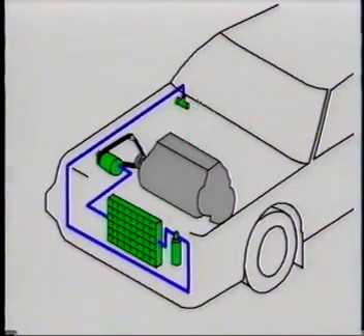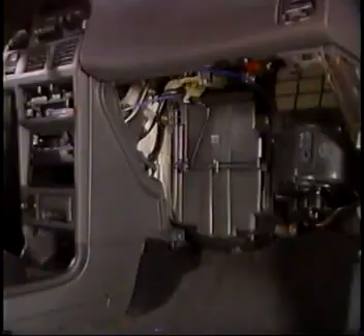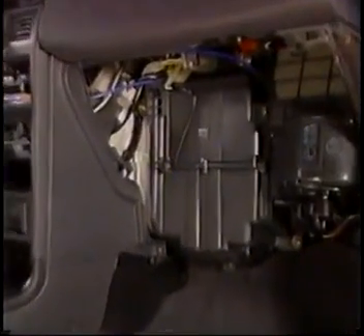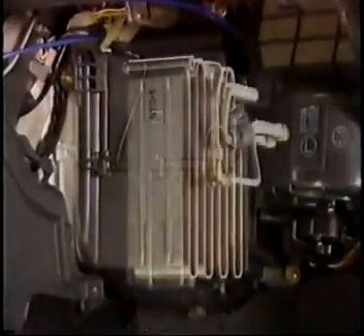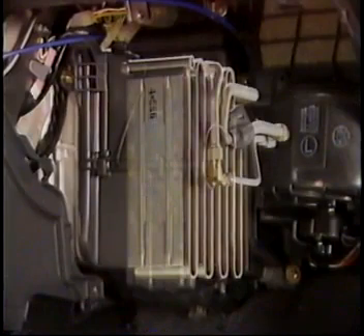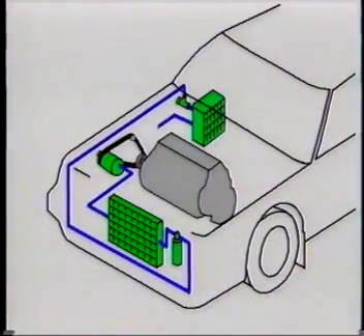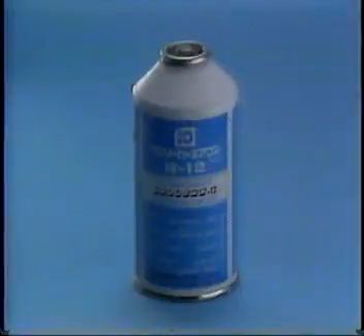And the expansion valve is connected to an evaporator. These main components are connected by pipes and hoses, and a cooling gas or refrigerant flows through these components, pipes and hoses. Now, let's study about the refrigerant.